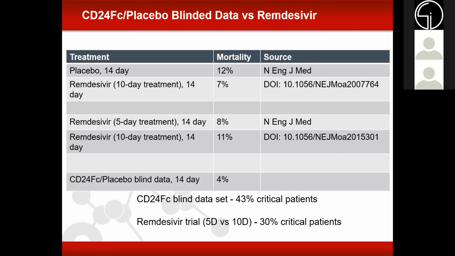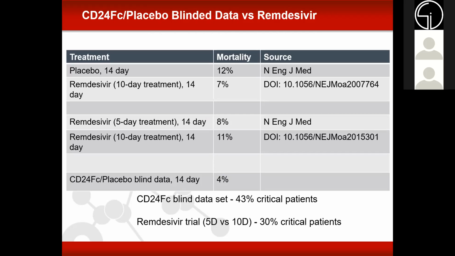And then Gilead's own trial, with a 5-day treatment and a 10-day treatment, had 14-day mortality of 8% and 11%. Compared to that, in our group we have 4%.